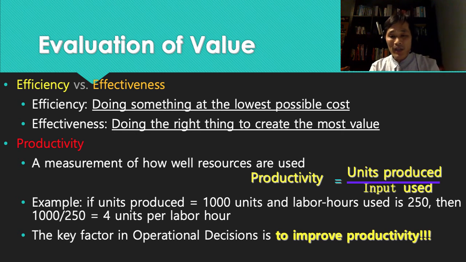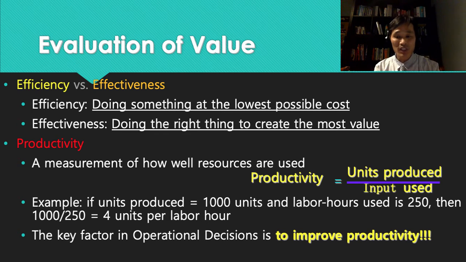When an operations manager has this productivity number, he or she can use it as a basis of comparison and improvement. Say a healthcare clinic was able to process 1,000 COVID-19 patients for 25 people working for 10 hours, which produces in total 250 labor hours.